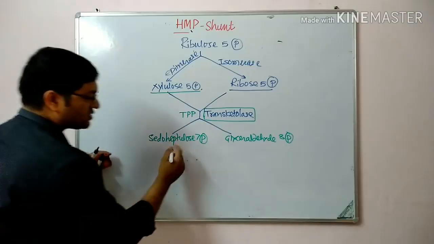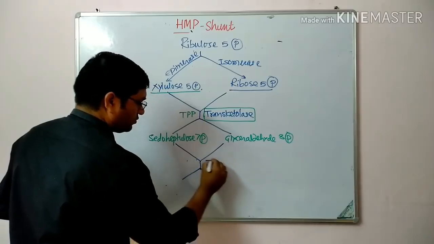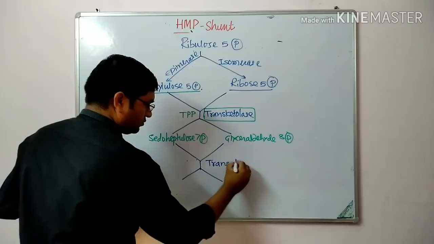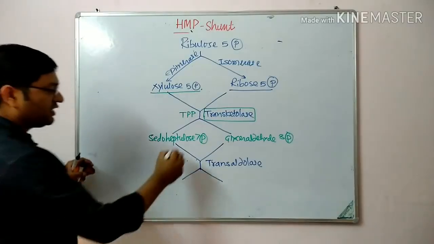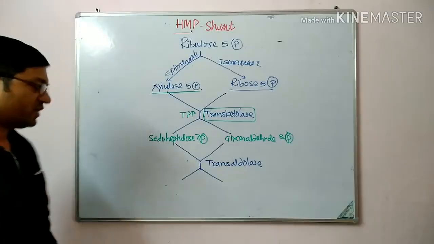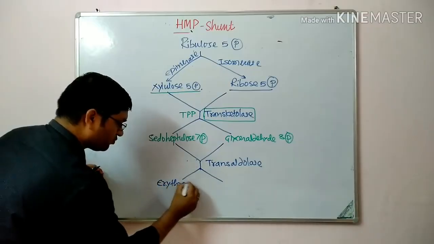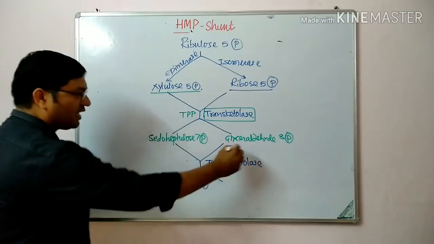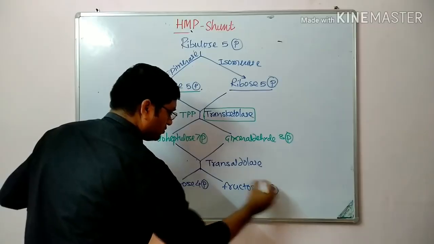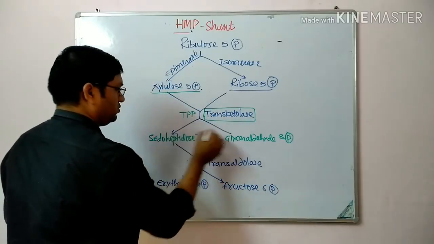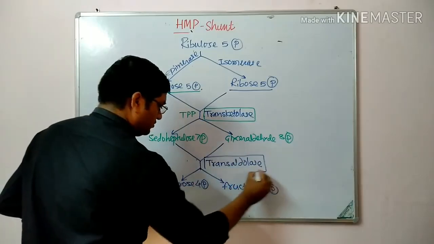Now with the help of the transaldolase reaction, there is transfer of 3 carbon from sedoheptulose 7-phosphate that leads to the generation of erythrose 4-phosphate and fructose 6-phosphate. This is a transaldolase reaction.